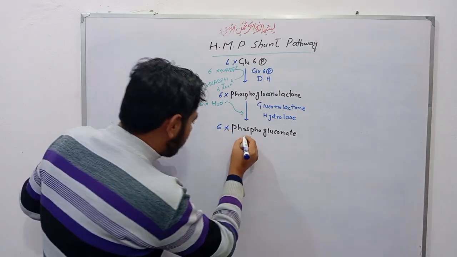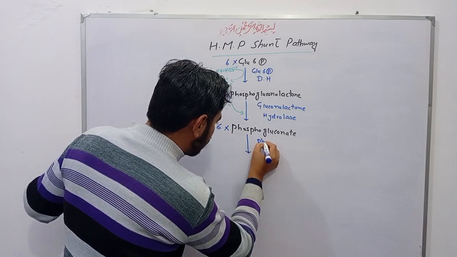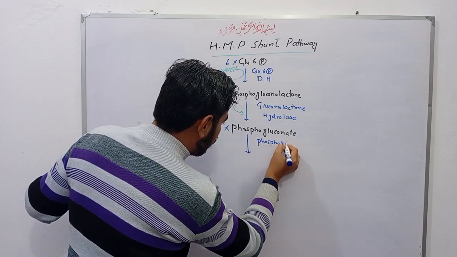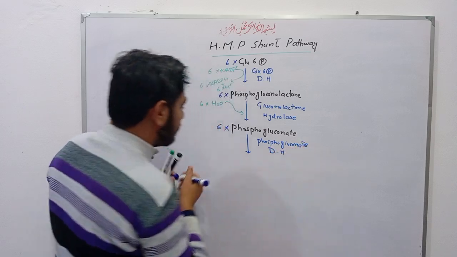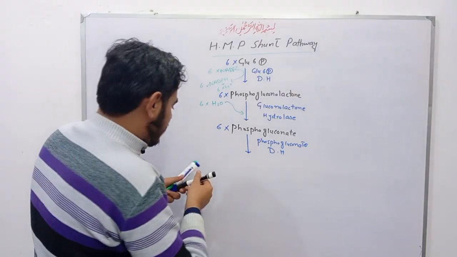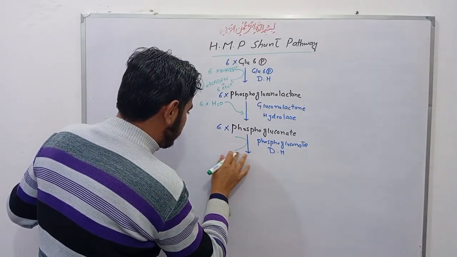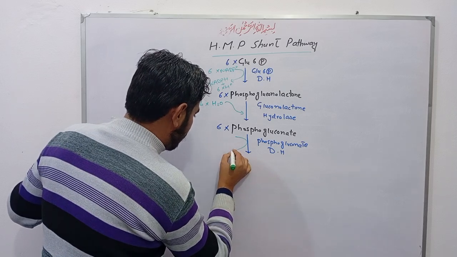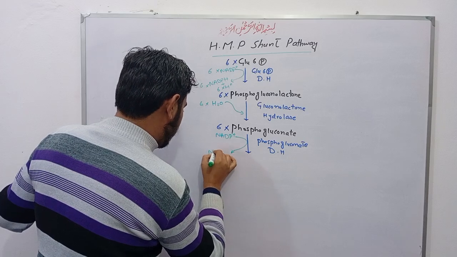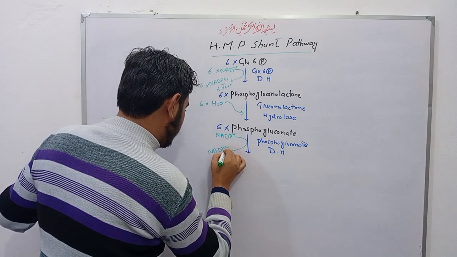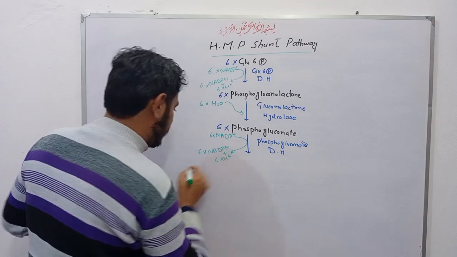In the next reaction, with the help of phosphogluconate dehydrogenase enzyme, there is a conversion of NADP plus into NADPH and H plus. There are 6 molecules here.